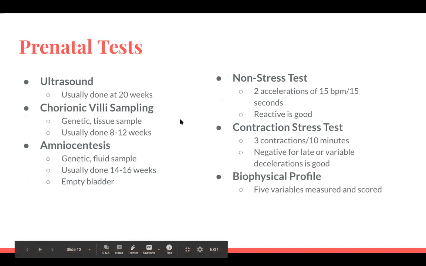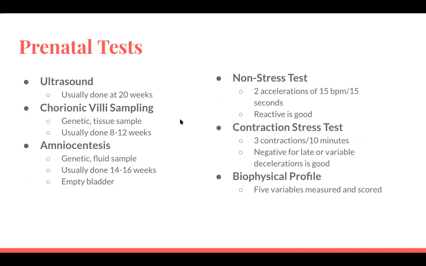All right, so some of the prenatal tests. The ultrasound is usually done around 20 weeks, and then they can determine gestational age. It can also be done at the first to second trimester when the fetus is small.